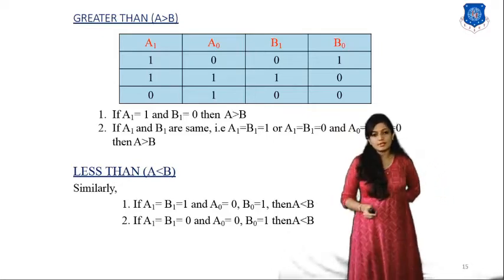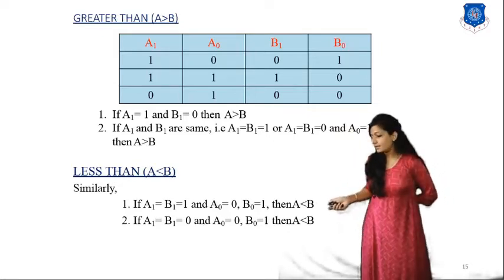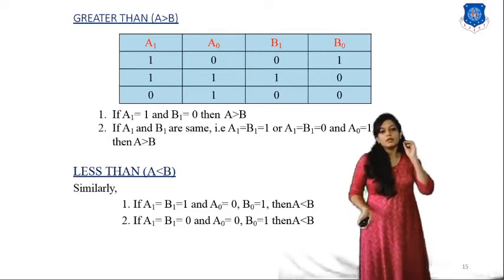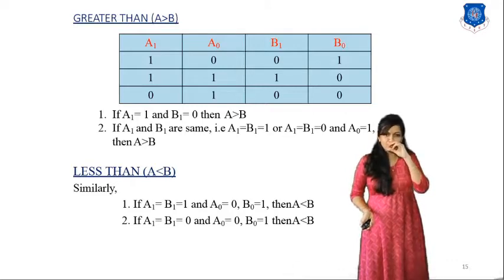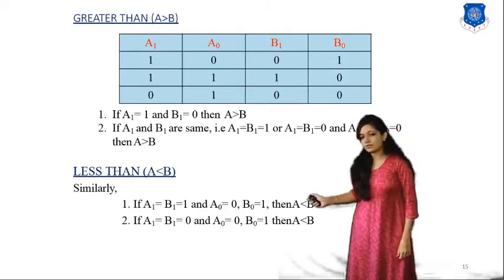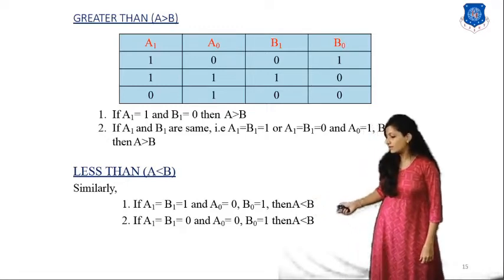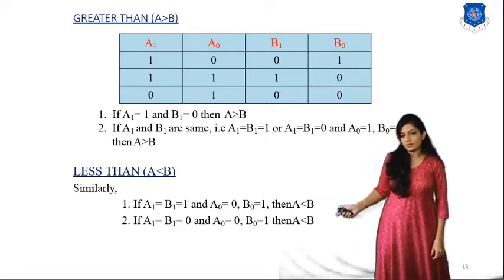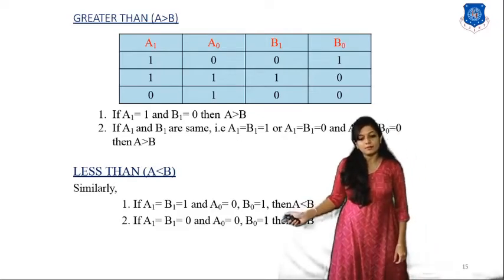Now for the condition A less than B. The conditions are like: if A1 is equal to B1 and A0 is equal to 0 and B0 is equal to 1, that means A0 is less than B0, and A less than B will become 1.